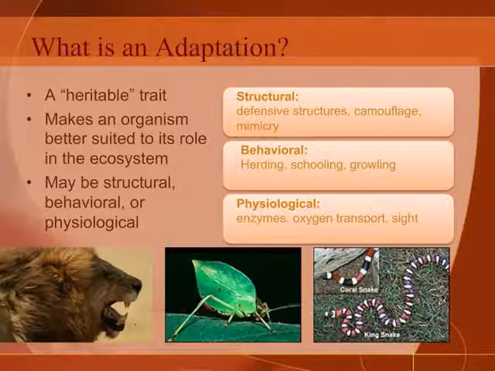And finally, physiological adaptations are those things that organisms have that you can't necessarily see, like specific enzymes to drive their metabolism, their various types of ability to transport oxygen throughout their bodies, the capabilities that they have for sight, for example, the compound eye of an insect. All of these are physiological adaptations.